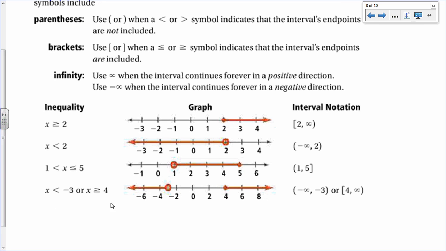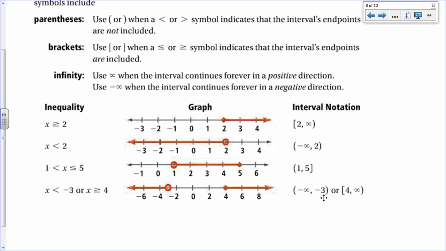And then down at the bottom, we have one that actually has the word or. Open circle at -3, because x is less than -3. The other part of the inequality is x is greater than or equal to 4. Solid dot at 4, and we're shading to the right. Interval notation again. Parenthesis, negative infinity, comma.